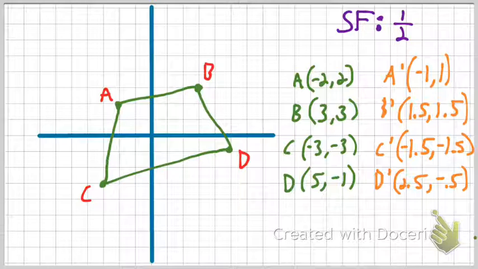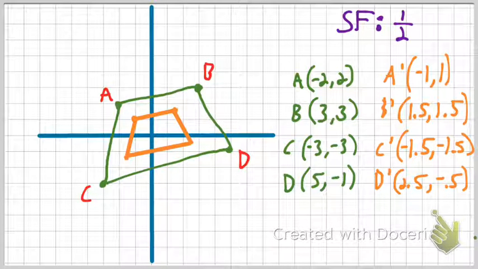All right, so negative 1 and 1, there's my new A. 1.5, 1.5, there's my new B. Negative 1.5, negative 1.5, there's my new C. 2.5 and down a half, there's my new D. All right, there we go.